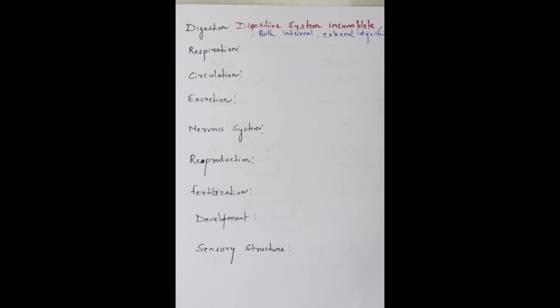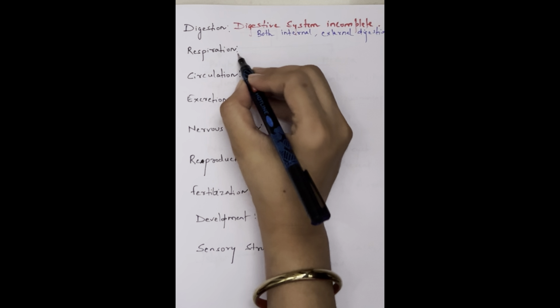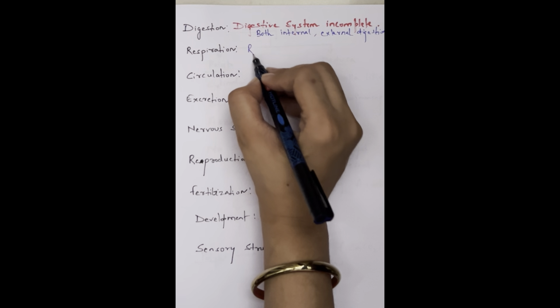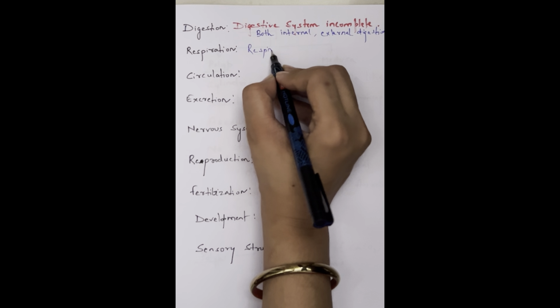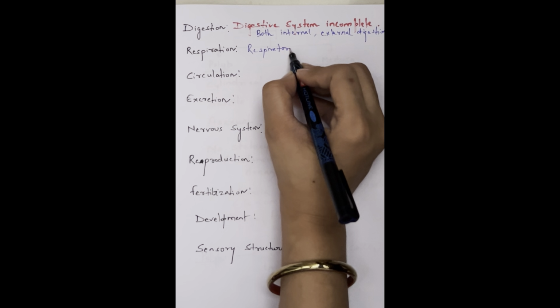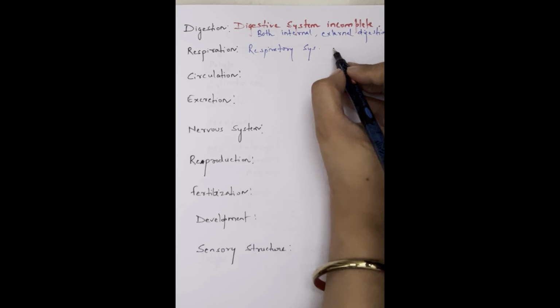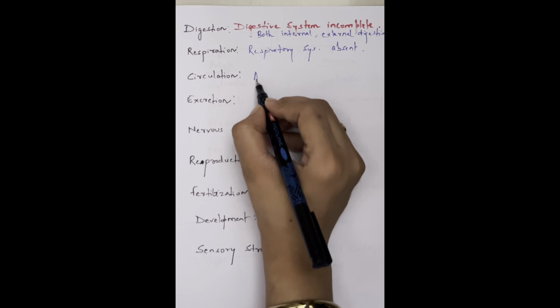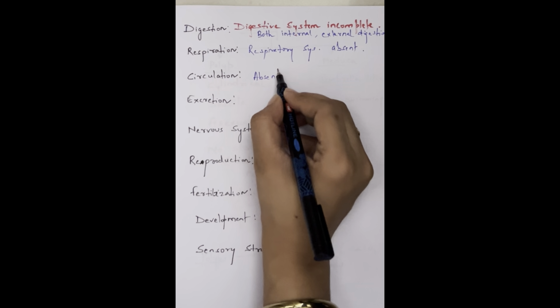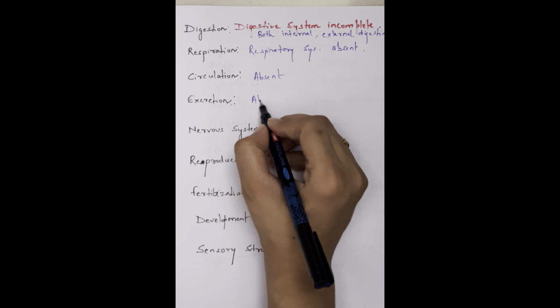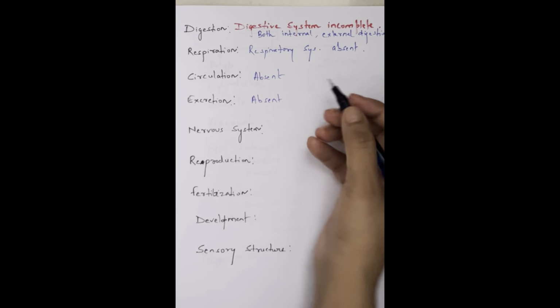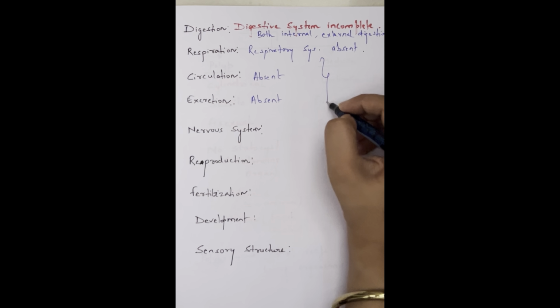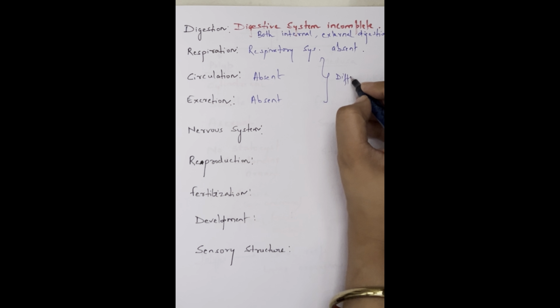Now, talking about respiration, circulation, excretion: the respiratory system is again absent in them. They are primitive organisms, although there is some advancement compared to the sponges. Respiratory system is absent, circulatory system is absent, excretory system is also absent, but still they perform all the important functions via diffusion through their body wall.